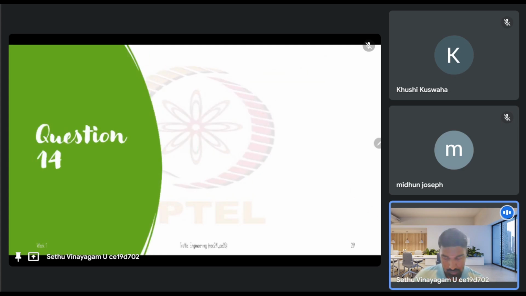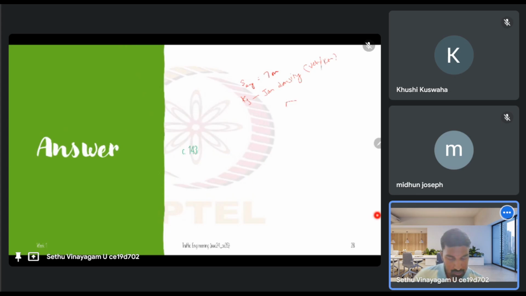So what is the spacing? Spacing is the gap between two vehicles. So this is vehicle 1, vehicle 2, vehicle 3. On average it is 7 meters. So we just need to find out in 1 kilometer of road how many 7 meters can be fit, because if there are two 7-meter gaps, there will be three vehicles on that road.